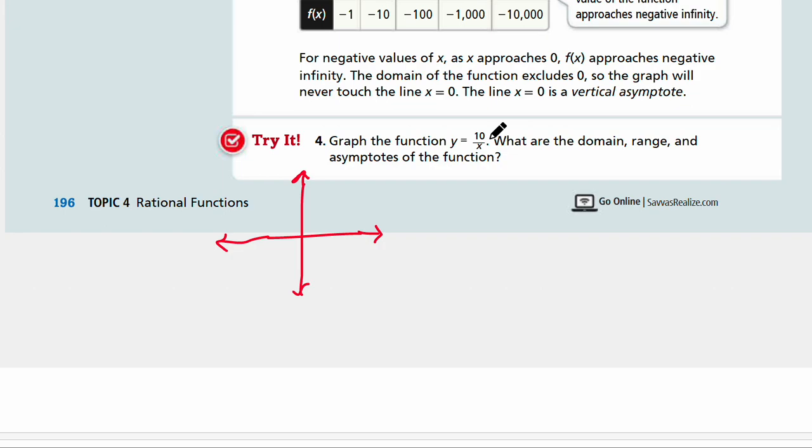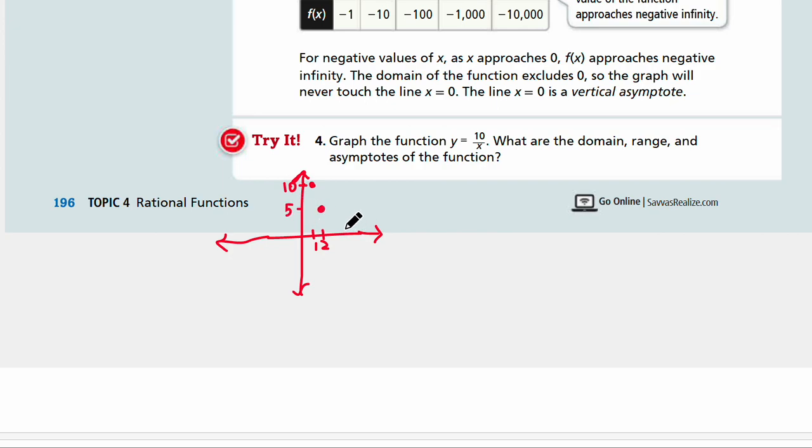So when you make a table of values, for example, when x is equal to 1, instead of 1 over 1, we have 10 over 1, right? So when x is 1, it's immediately 10. And then when x is equal to 2, it becomes 5, right?